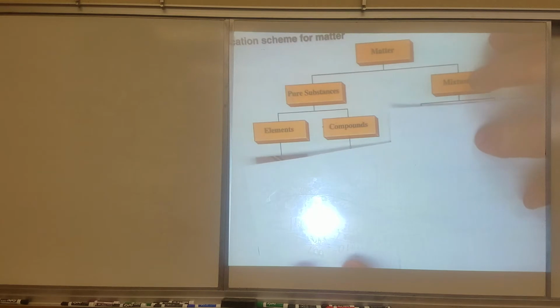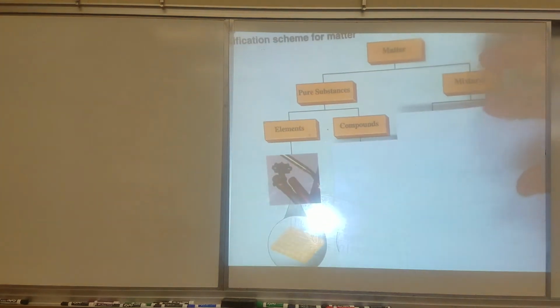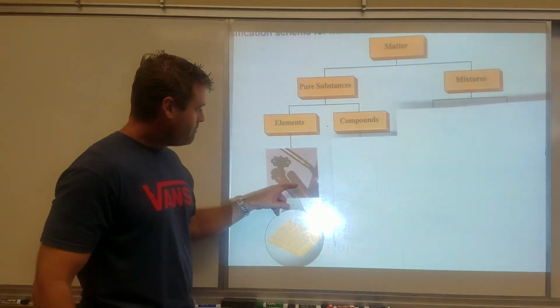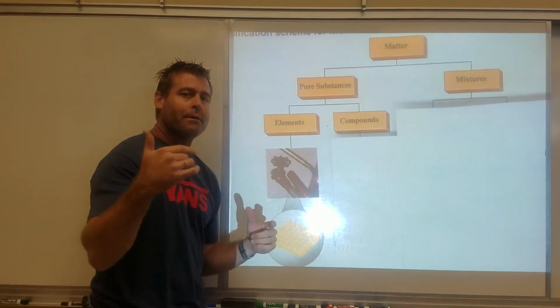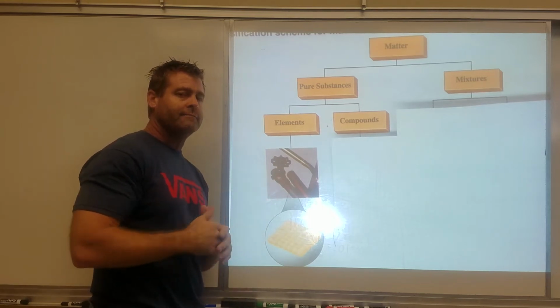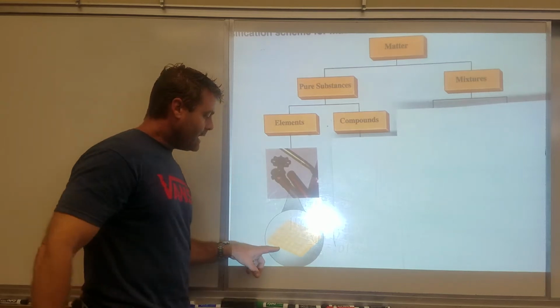Here's an example of a pure element. This is showing a picture of pipes. Think about a lot of your water pipes in your apartment or your home behind the wall. What do you think they're made of? You guessed it, copper. So what this is showing here is just copper atoms.